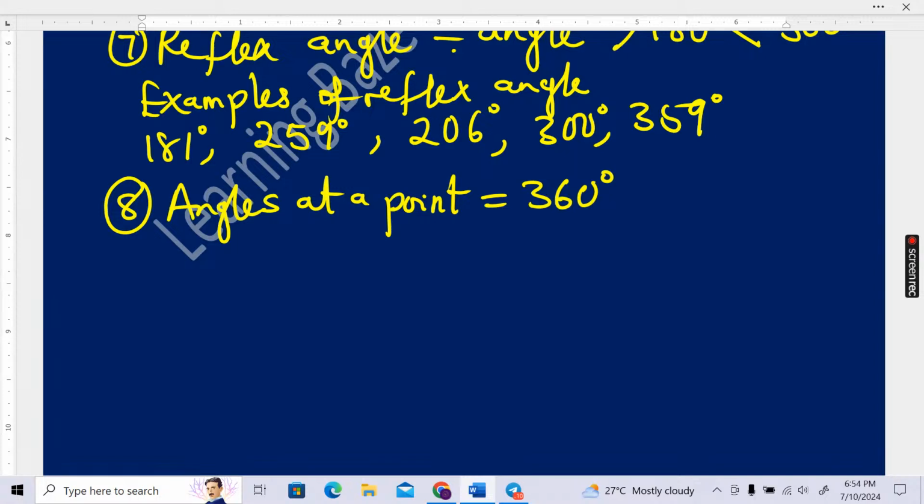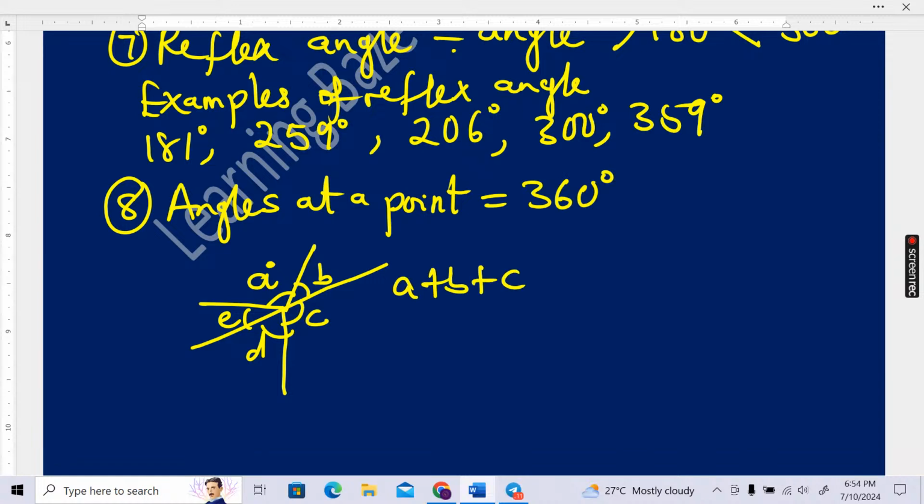Okay, so these are angles at a point. When you have angle A, angle B, angle C, angle D, and angle E, all meeting at a point, you can see that all these angles are meeting at a point. They are like being in a circle. So A plus B plus C plus D plus E is equal to 360 degrees. This is an example of angles at a point.